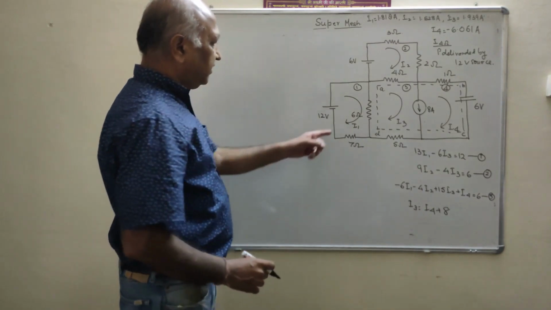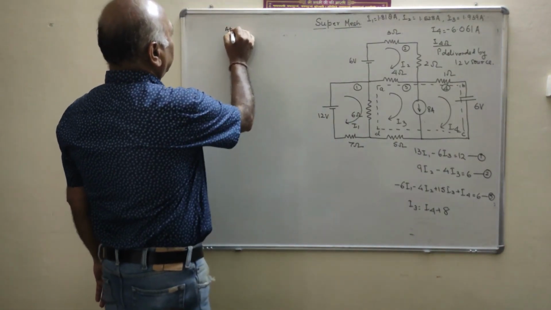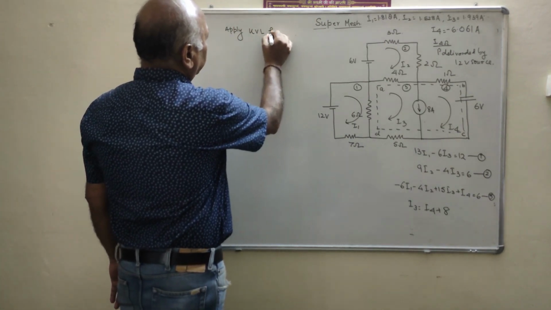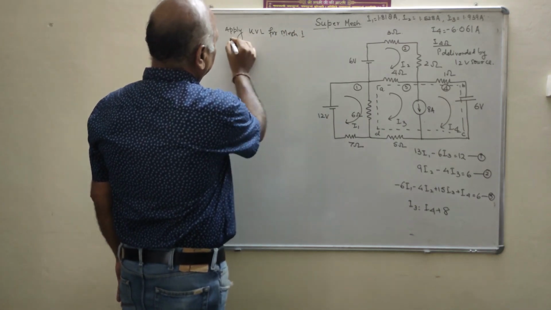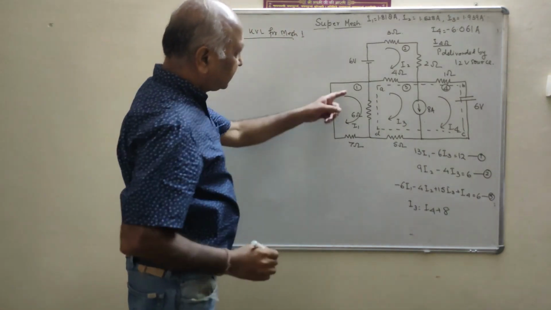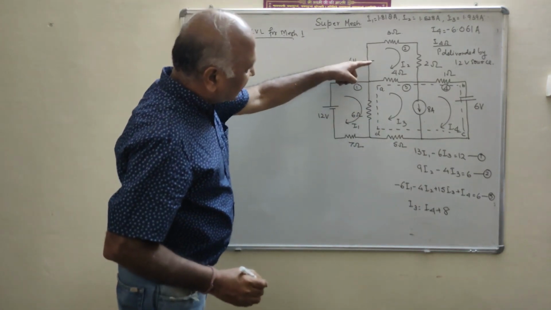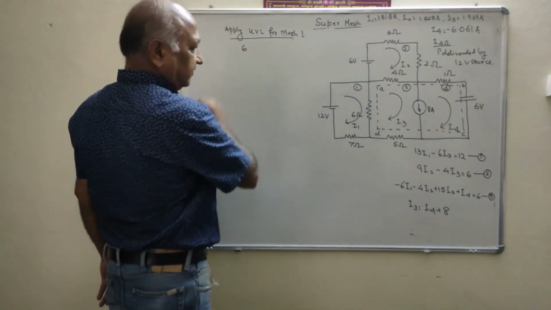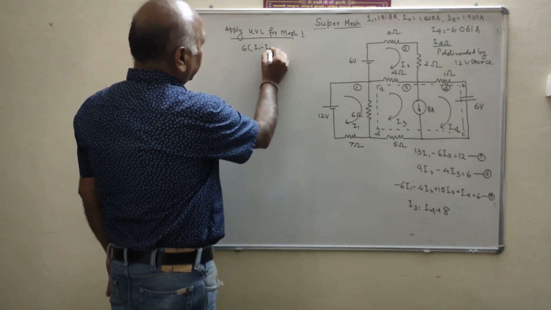mesh equation for mesh 1. Apply KVL for mesh 1. You will see what the drop is: that is 6 I1. Here the current is minus I3, so that is 6 into I1 minus I3.